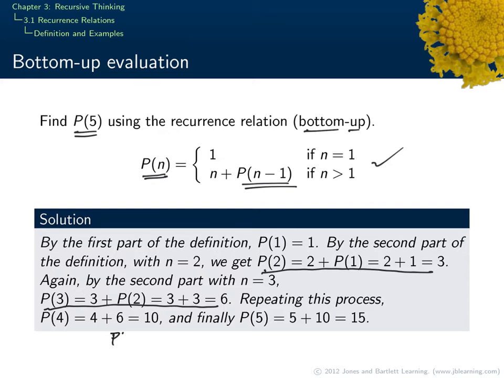That's how we find p of 4, is to take 4 plus p of 3. But p of 3, remember, was equal to 6. And when we take 4 plus 6, we get 10. And then finally, p of 5 will just be 5 plus the previous value of p, which was 10, which is 15.